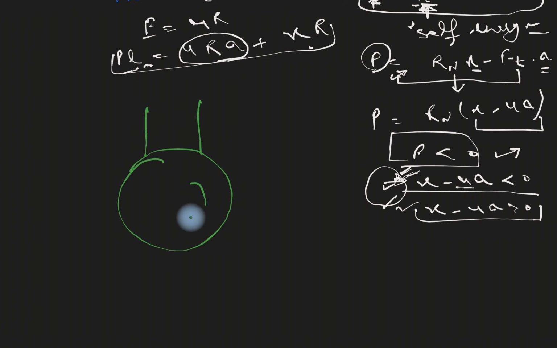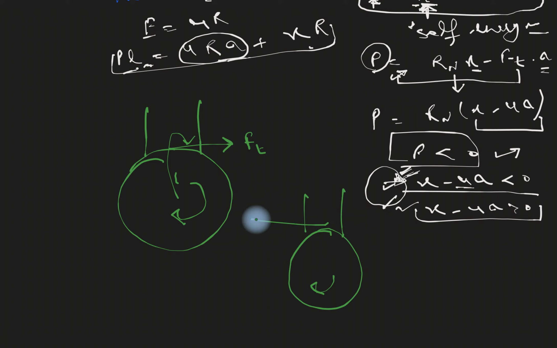If this wheel is rotating in clockwise direction, then the applied force on the block will be on the right hand side. If my wheel is rotating in anti-clockwise direction, and this is my block, the same applied force should come in this direction, so it will become left hand side.